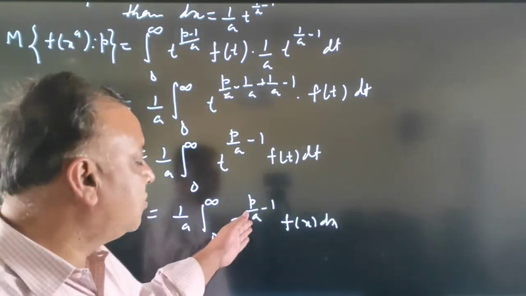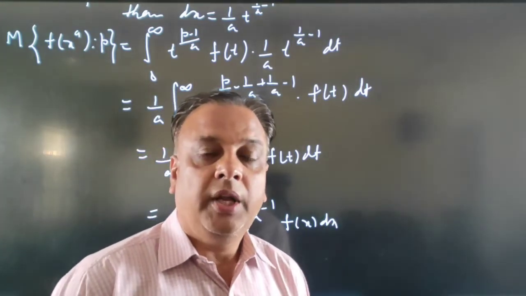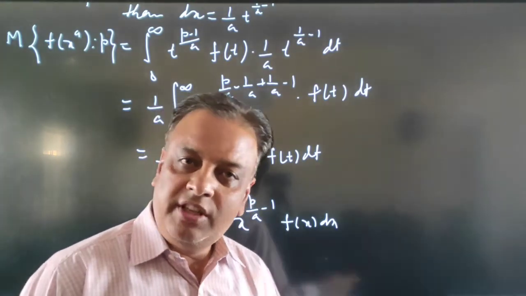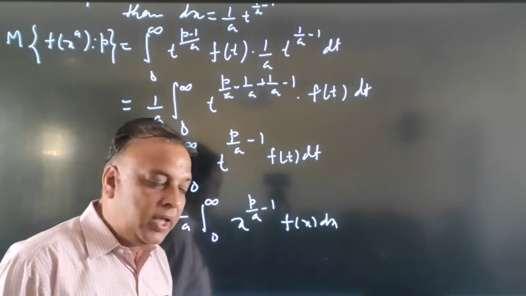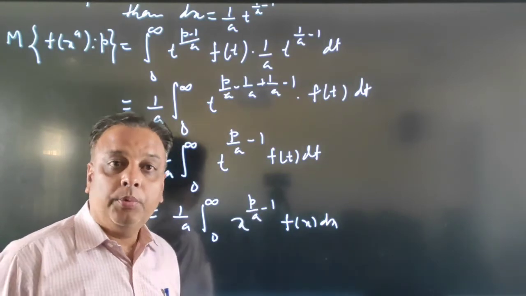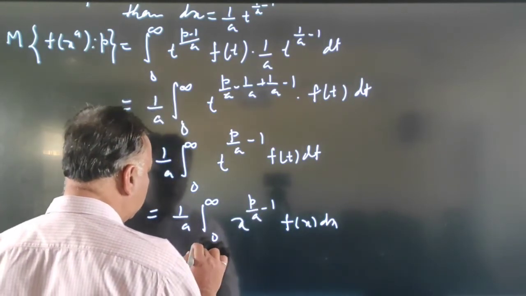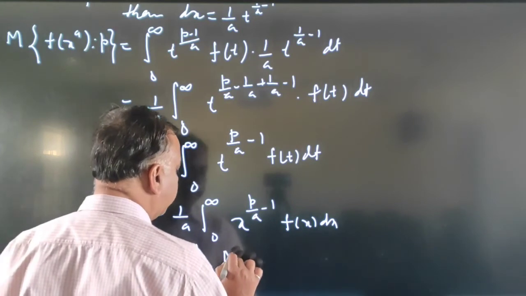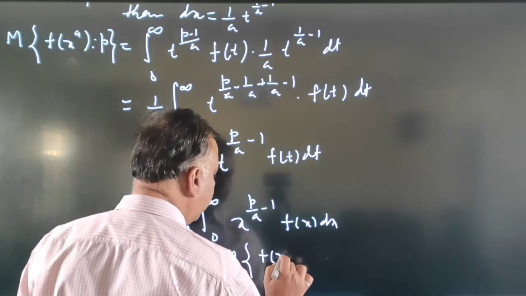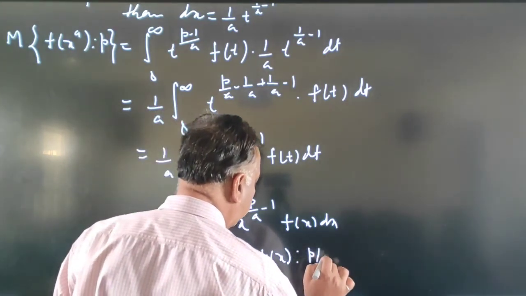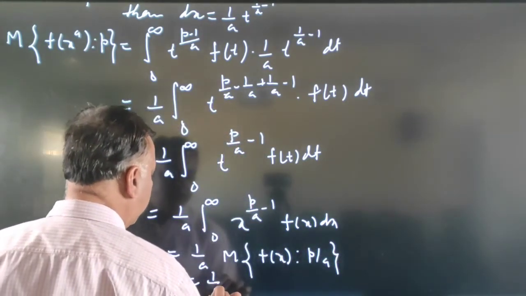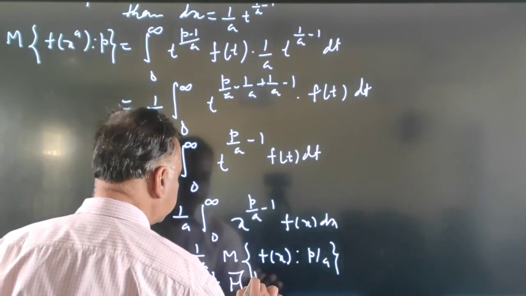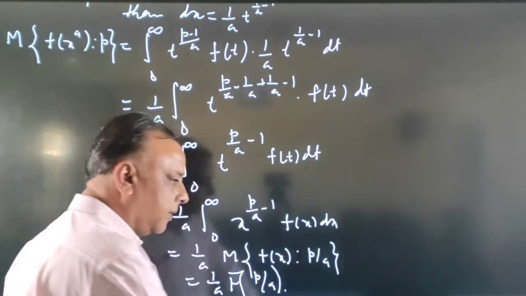Now if we compare this with the definition of the Mellin transform, then we see that this is the Mellin transform of the function f(x) when the parameter is p upon a. So this is nothing but 1 upon a times the Mellin transform of the function f(x) with parameter p upon a. So this can be written as 1 upon a, F(p upon a).